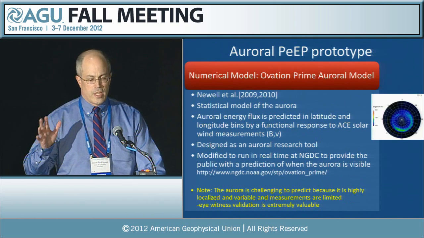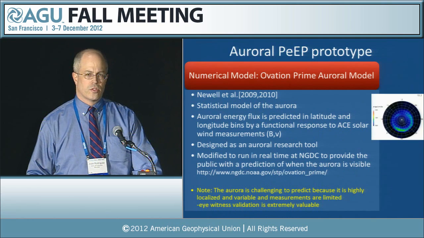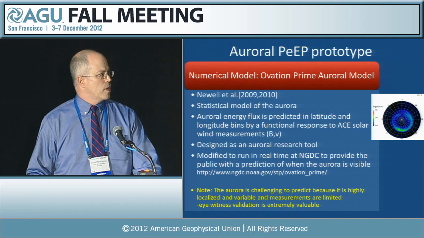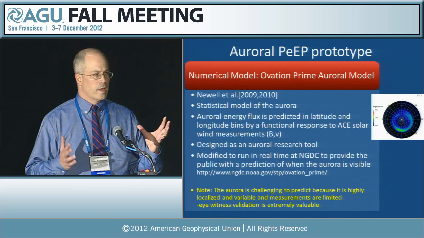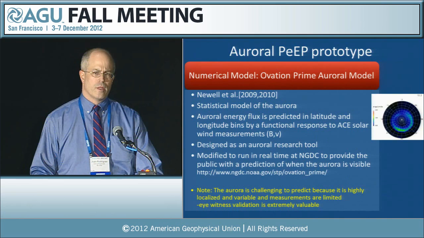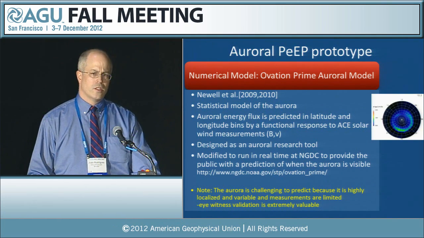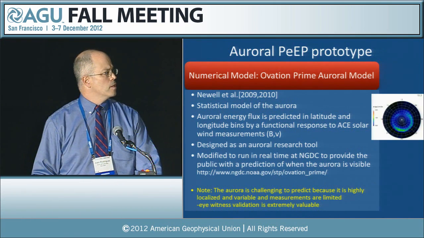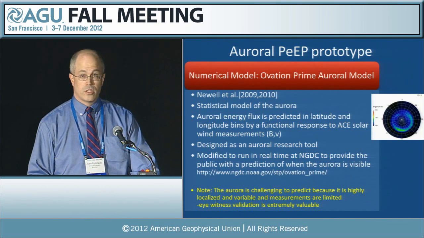These observations have been made over a period of decades by instruments on the Defense Meteorological Satellite Program, or DMSP. And Pat Newell put together the statistical model that is able to correlate the location of aurora in latitude and longitude with measurements made by, in this case, the Advanced Composition Explorer, or ACE satellite, at the L1 point between the Earth and the Sun, and specifically correlated with the magnetic field in the solar wind and the velocity of the solar wind.